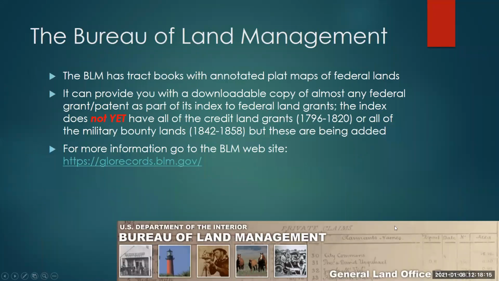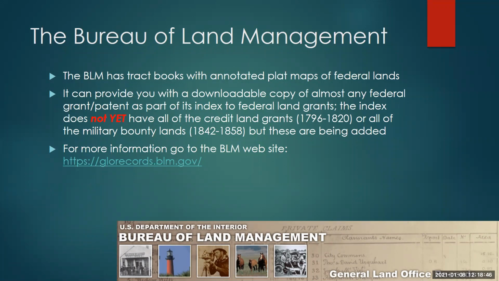All right, now let's talk about the Bureau of Land Management. They do God's work. They are just wonderful people to work with and just a super organization. The Bureau of Land Management manages the federal lands, which is an awful lot of the United States. They have tract books, which are lists of all the land grants by county in the United States on the federal lands.